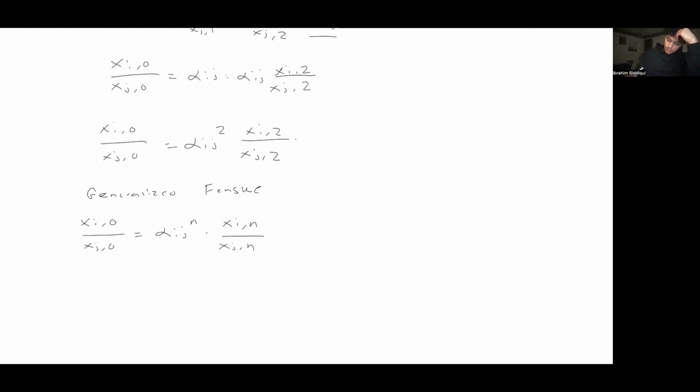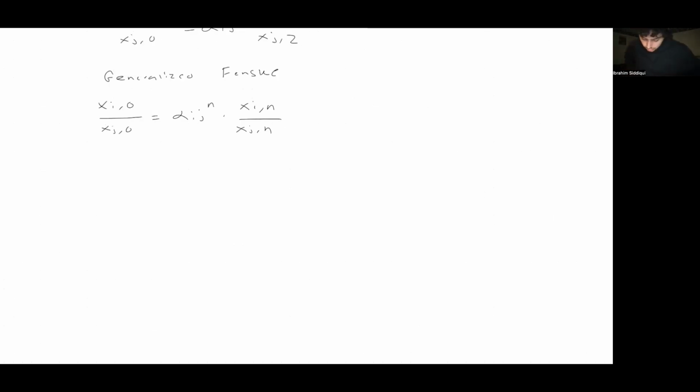We now want to solve for n. So solving for n, essentially what we get is xi at 0, xj at 0 over xi at stage n over xj at stage n. And this is all going to be equal to, we're just moving this term over, our relative volatility at stage n. Now we want to take the log of this.